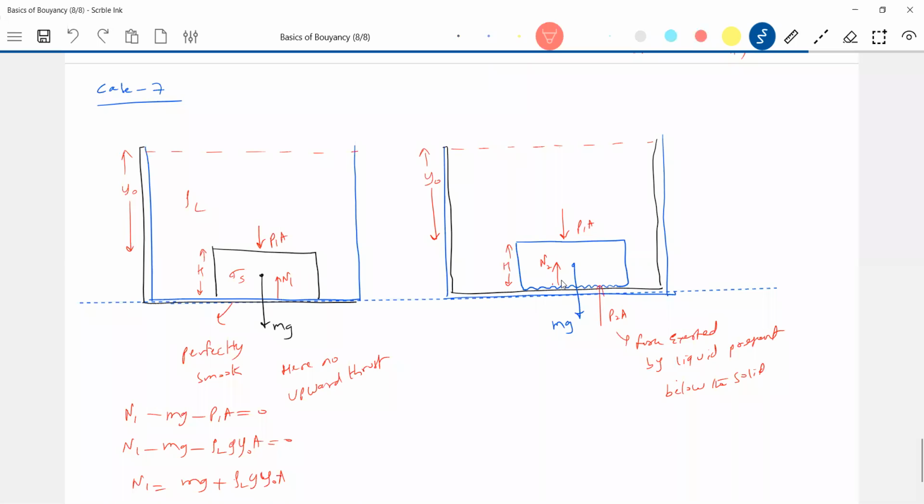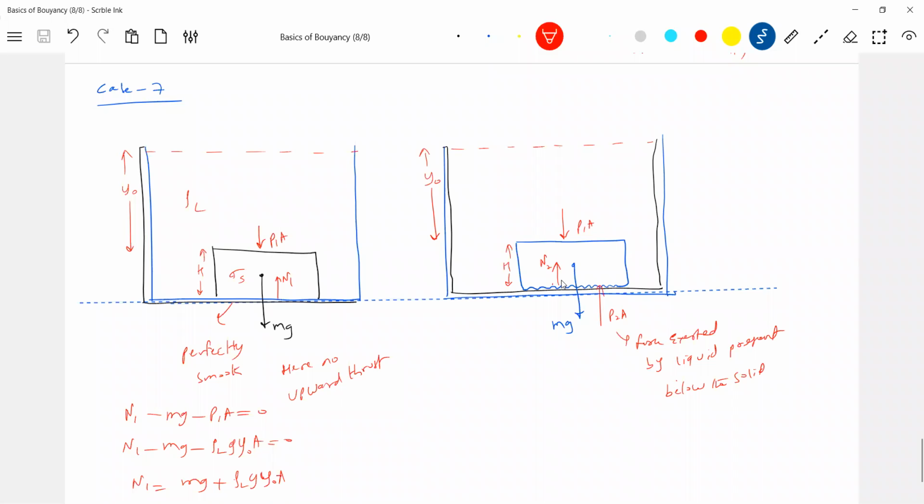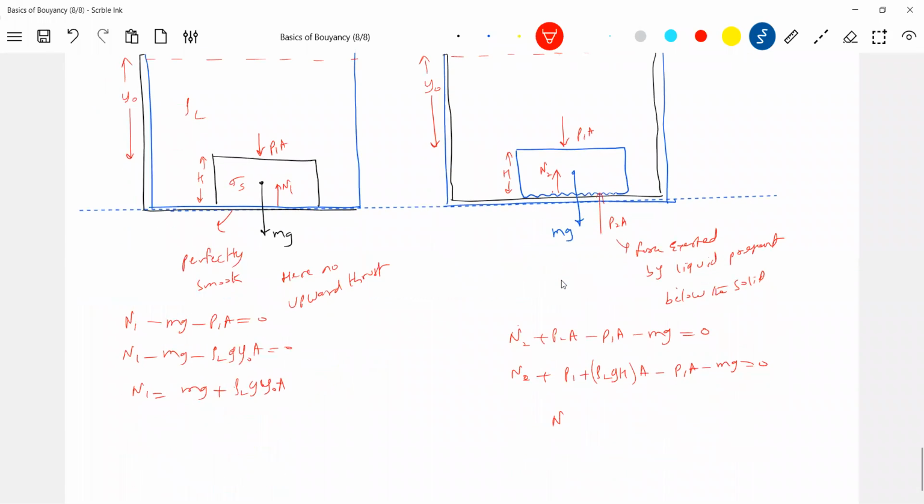Okay, let's calculate here. It's in equilibrium. So definitely, what can we write? N2 plus P2A minus P1A minus mg equals 0. P2A you can write as P1 plus density of the liquid rho L G H, times A. The P1A anyway will get cancelled.